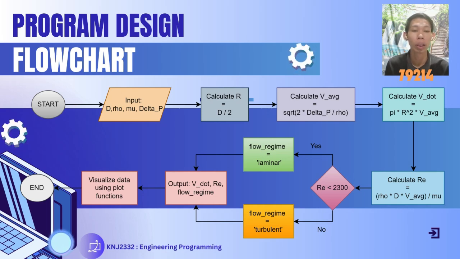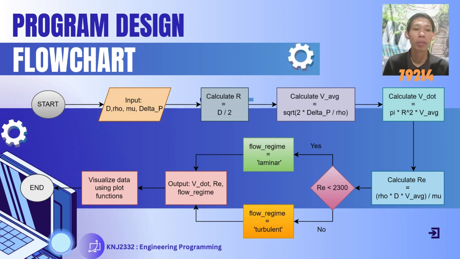Next, we calculate the average velocity of the fluid using the pressure difference and density. Next, using the average velocity, V average, and the pipe cross-sectional area, which is derived from the calculated radius, we can determine the V dot.